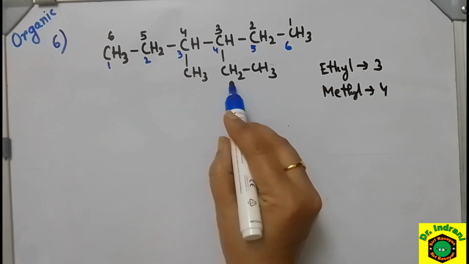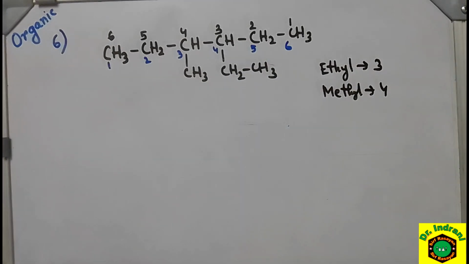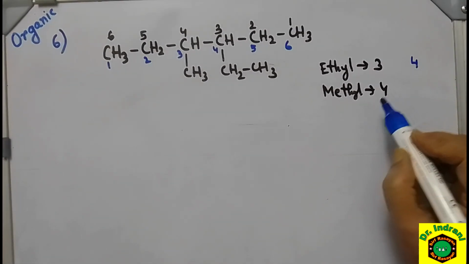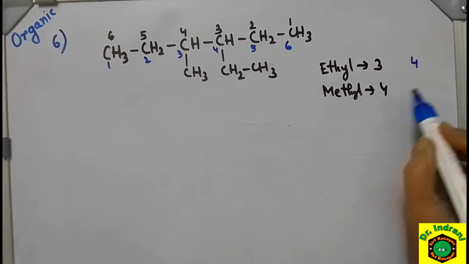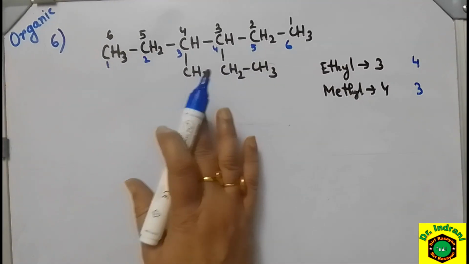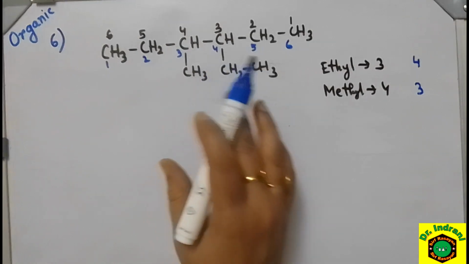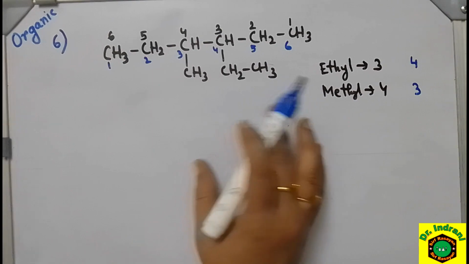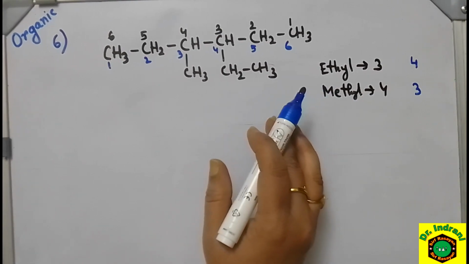Here ethyl is getting number 4 and methyl is getting number 3. That means whatever way you are doing numbering, third and fourth positions they are having substituents. So which one do you have to consider?